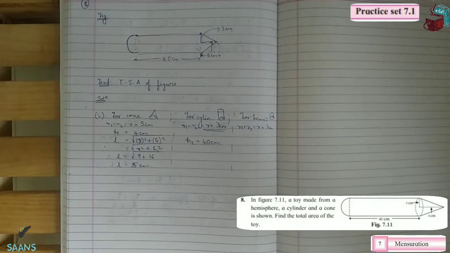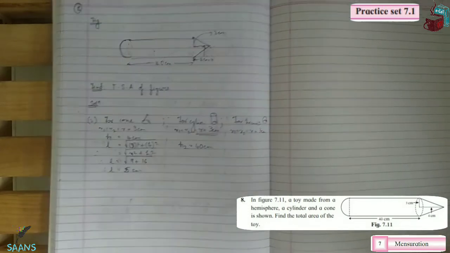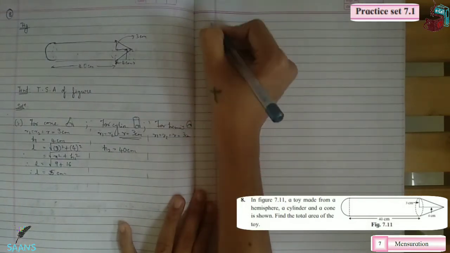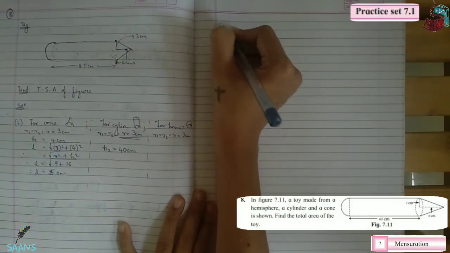Okay, now we'll move on to your sum. Okay, let's see now. They have told us to find total surface area.